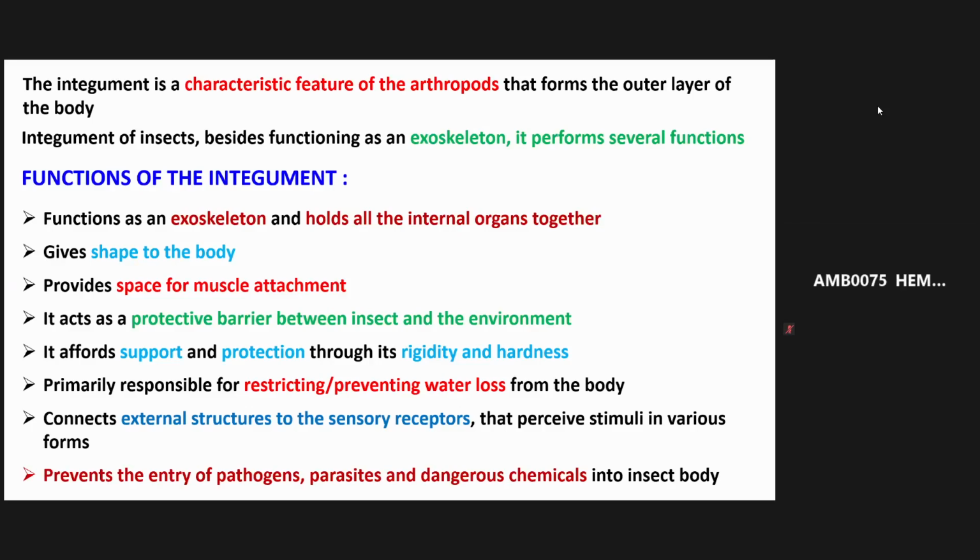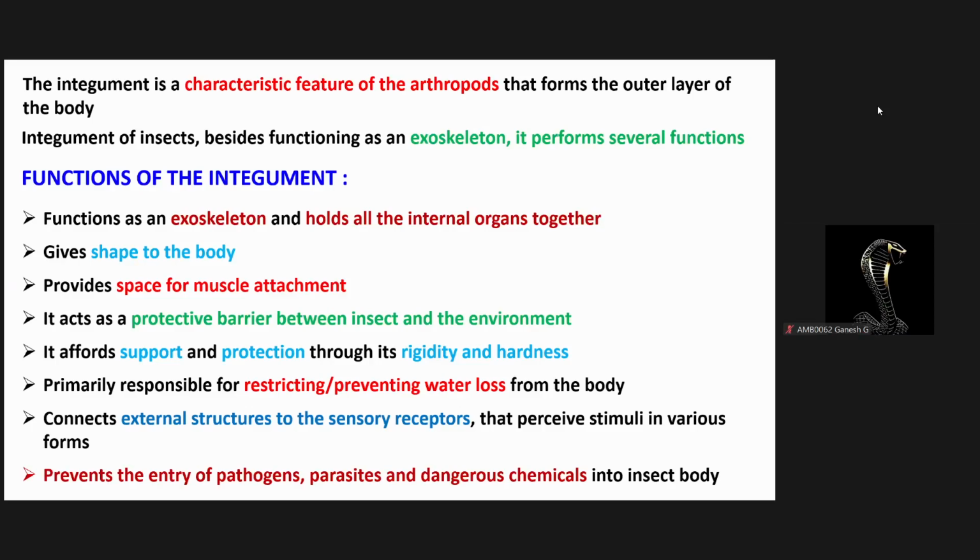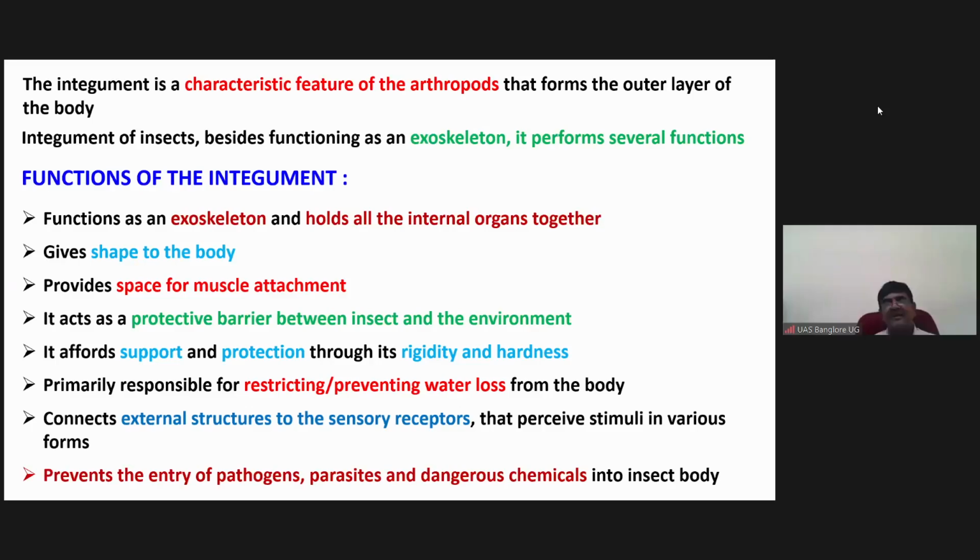The internal organs may be different systems like digestive system, circulatory system, respiratory system, etc. And this exoskeleton or integument also gives shape to the insect body.